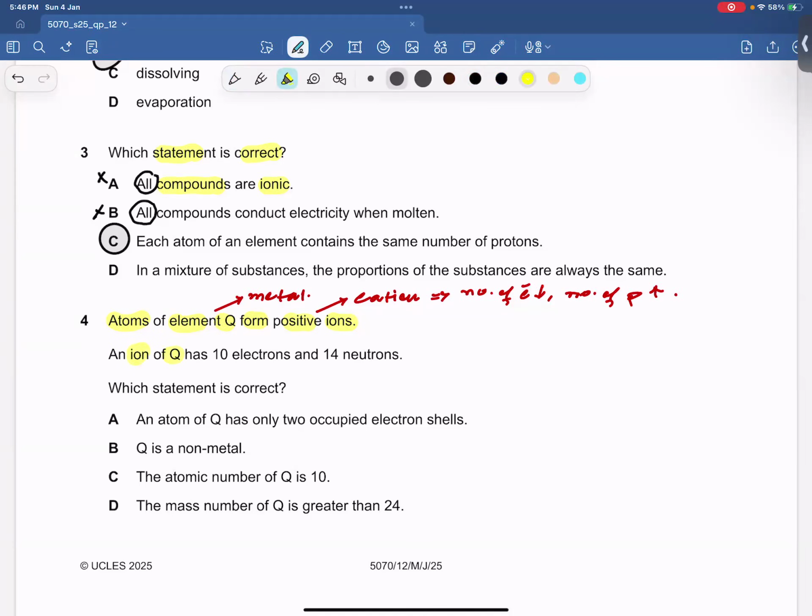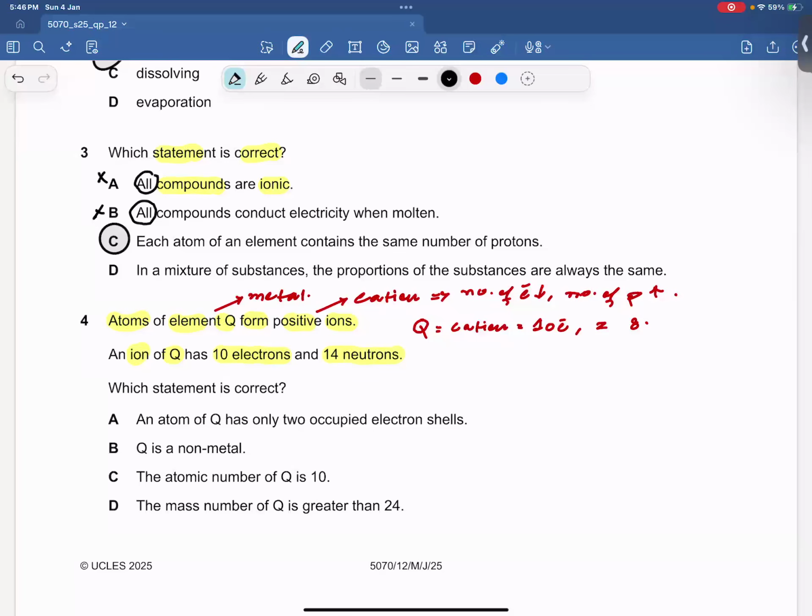Next, an ion of Q has 10 electrons and 14 neutrons. Now Q exists as a cation, containing 10 electrons. So the first shell contains 2 and the second shell contains 8.